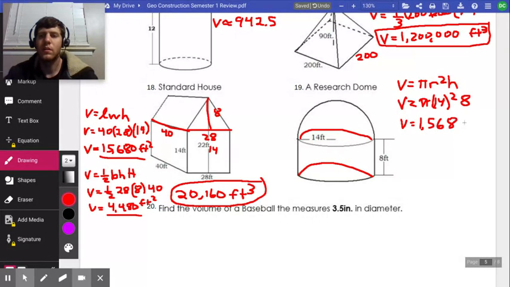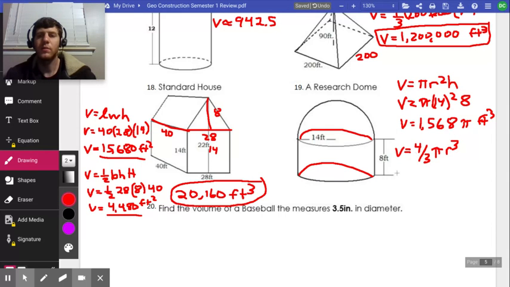1,568 times pi, feet cubed. Okay, and then the volume of a sphere, I keep saying area, that's going to be 4/3 pi r cubed.